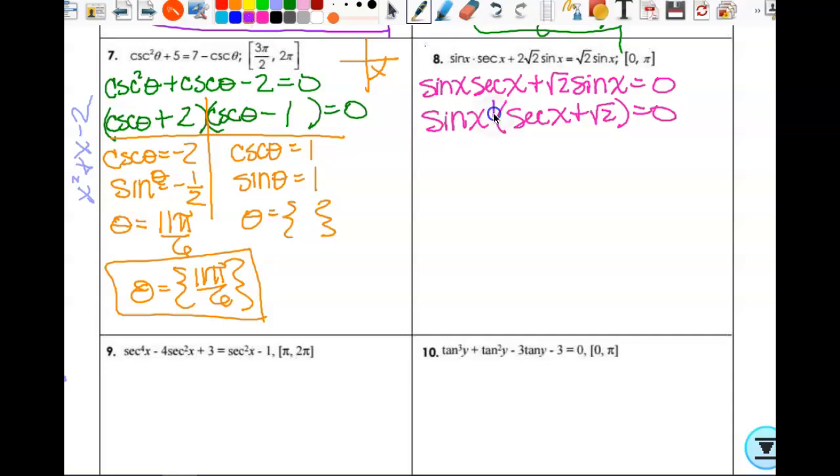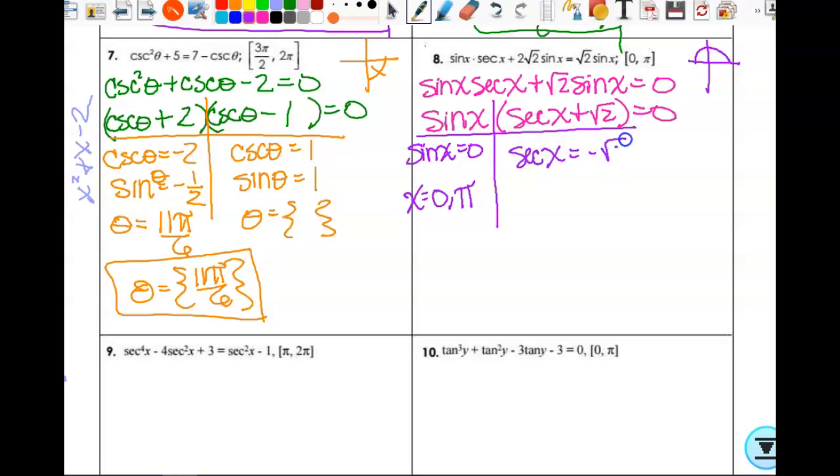I'm going to use my zero product property here. So I get that the sine of x is equal to 0, and I'm going from 0 to pi. So when is sine 0 from 0 to pi? 0 and pi. Okay, so then I get secant of x is equal to negative square root of 2. What is secant the reciprocal of? Cosine.